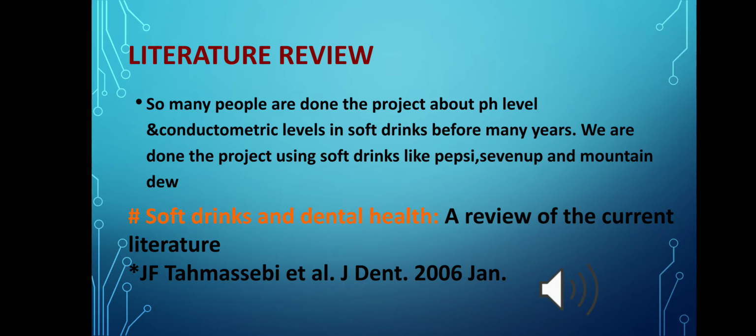A rational protocol to encourage the sensible use of drinks and the modification of drinks to render them less harmful would be advisable. The review was about the study by J.F. Tahmassebi et al. and J. Bent in January 2006.